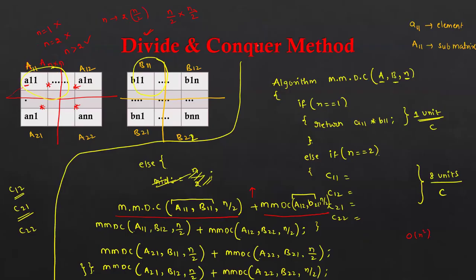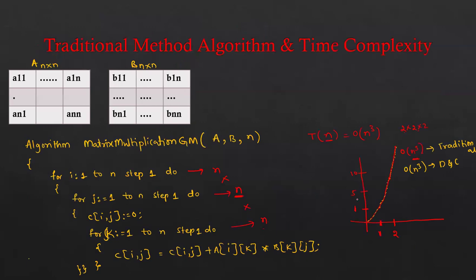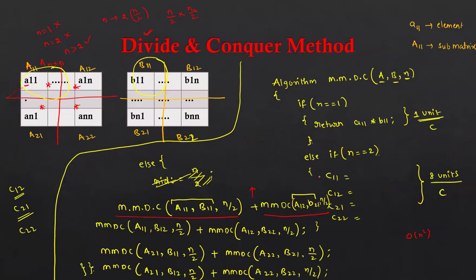How does this graph growth look? This is going to be reduced, somewhat better than this one. This is order of n to the power of log 7 base 2. So this much growth Strassen has reduced. This is the way you need to perform matrix multiplication and its time complexity. Okay, thank you.